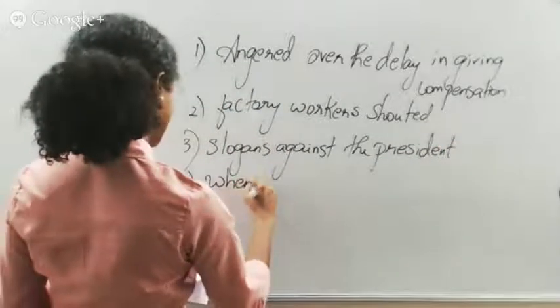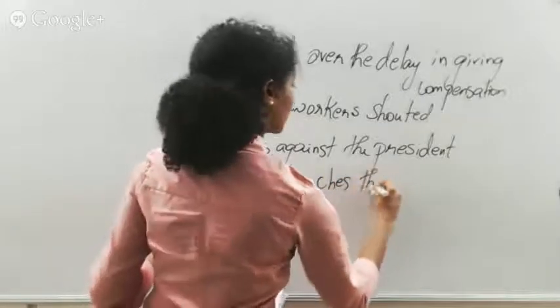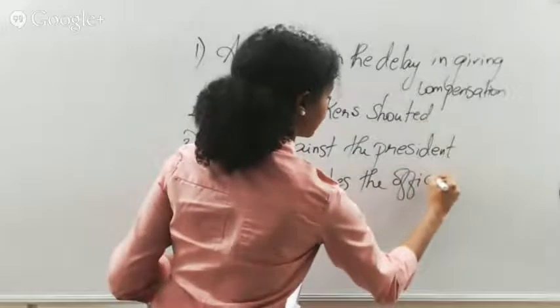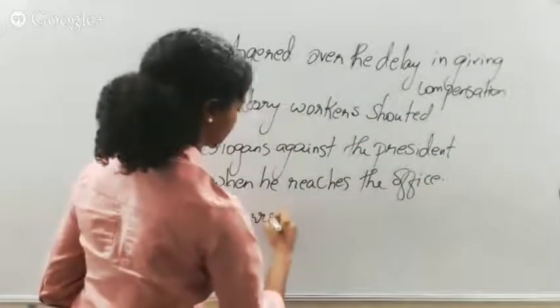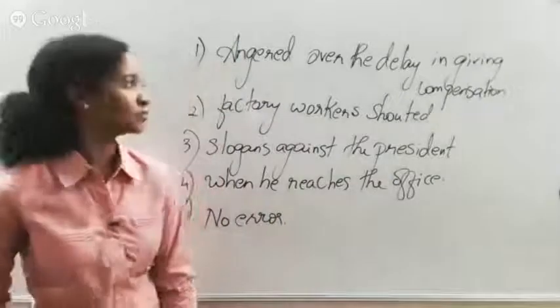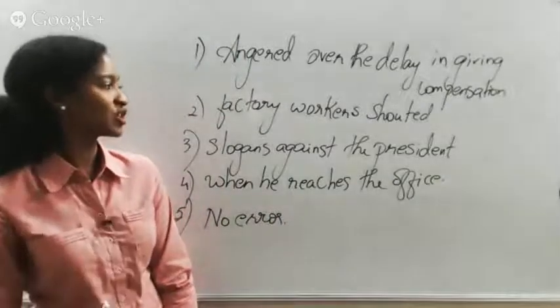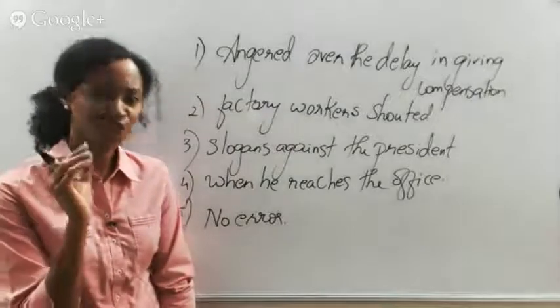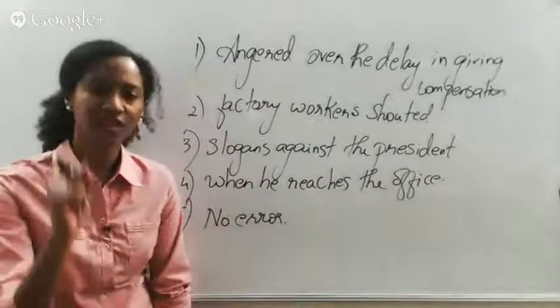Part 4: when he reaches the office. And then I have no error. Angered over the delay in giving compensation, factory workers shouted slogans against the president when he reaches the office.